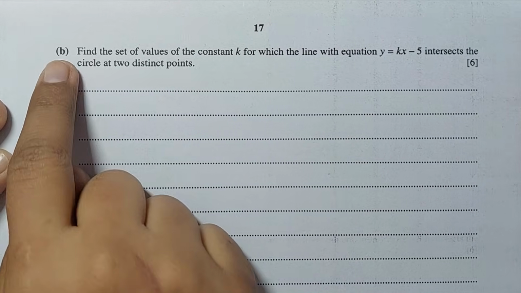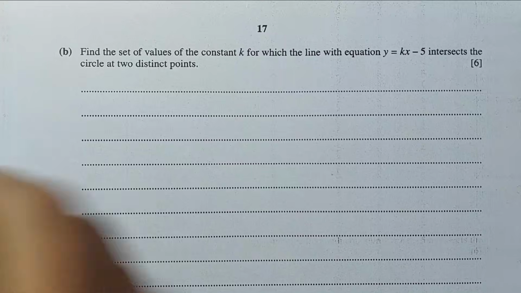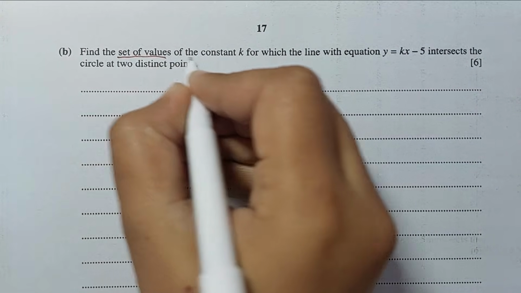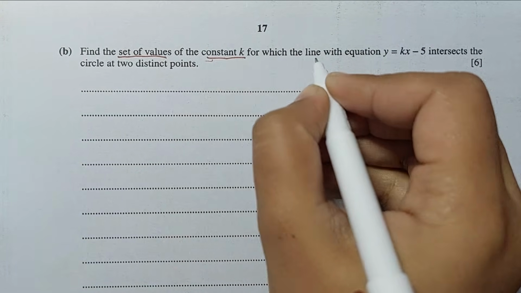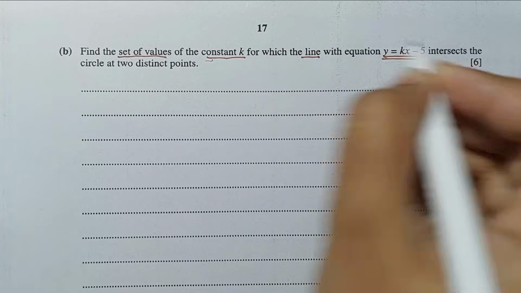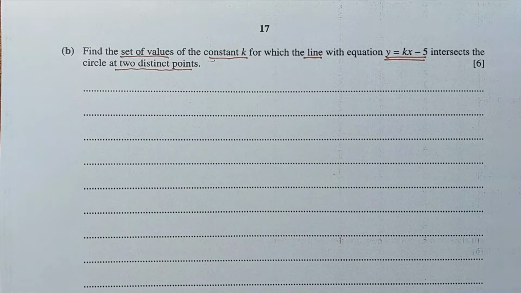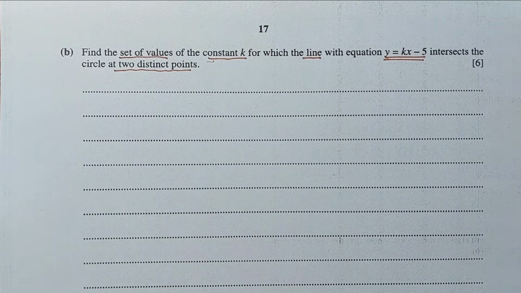Now for part B, find the set of values of the constant k for which the line with the given equation intersects the circle at two distinct points. The line intersects the circle at two distinct points.